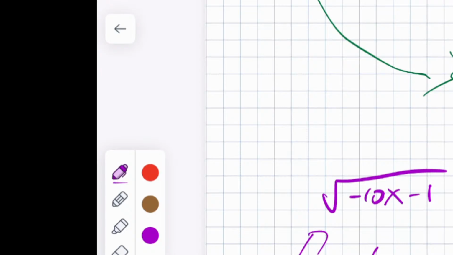So it'll be the square root of negative 10 times negative 1 over 9 minus 1, plus 3 times negative 1 over 9 equal to 0. This one is going to be 10 over 9 minus 1.